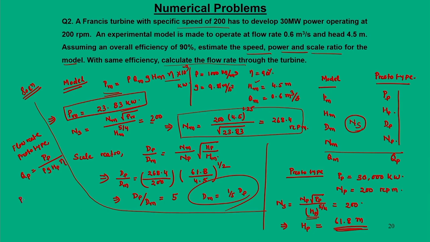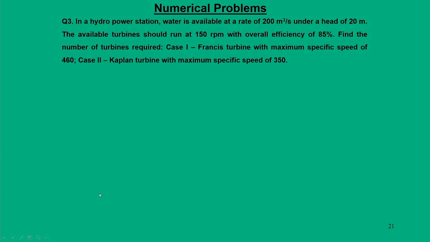So, PP is equal to 30,000 kilowatt, HP is 61.8 meter, and efficiency is 90%. So, this will give you QP is equal to 55 meter cube per second. So, prototype flow rate is 55 meter cube per second.